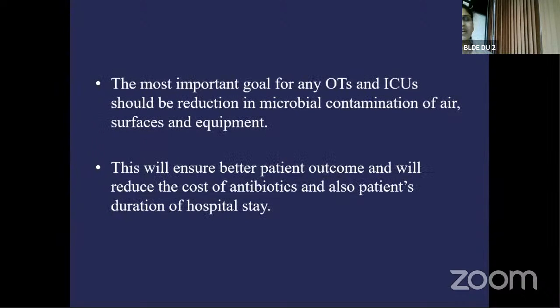The most important goal of any OT or ICU should be the reduction of microbial contamination of air, surfaces, and equipment. This will ensure better patient outcome, reduce the cost of antibiotics and the patient's duration of hospital stay, and in turn decrease the number of multi-resistant strains of organisms.